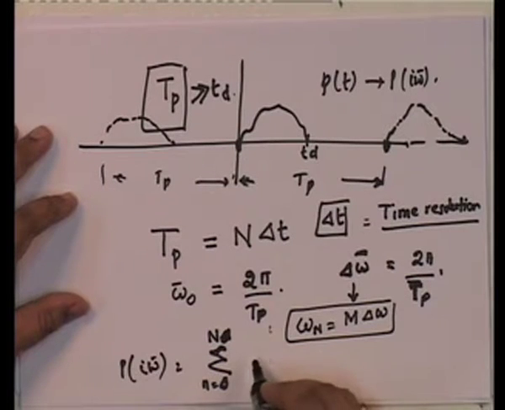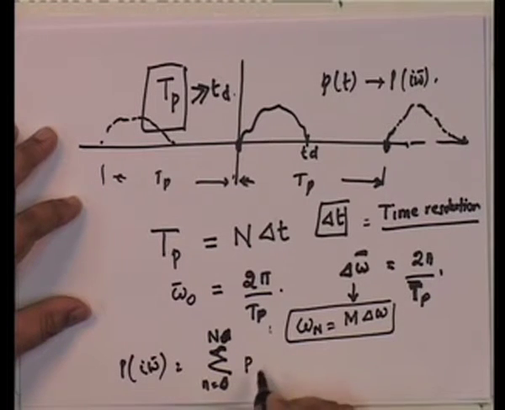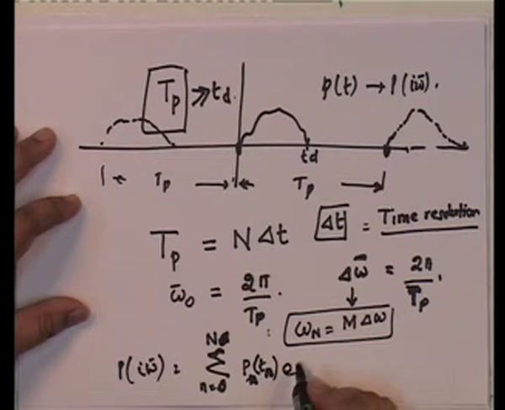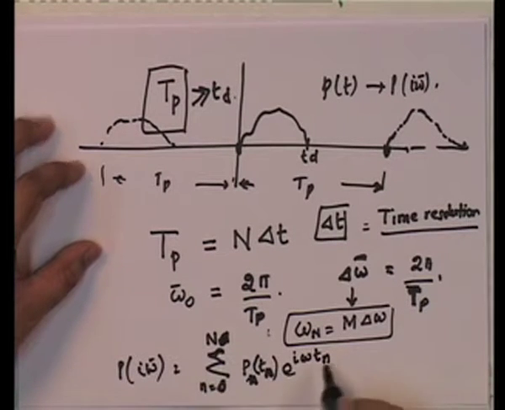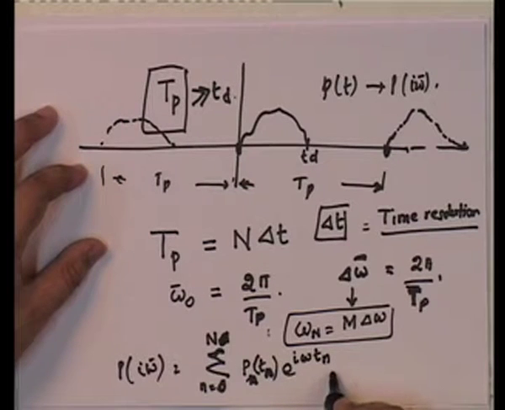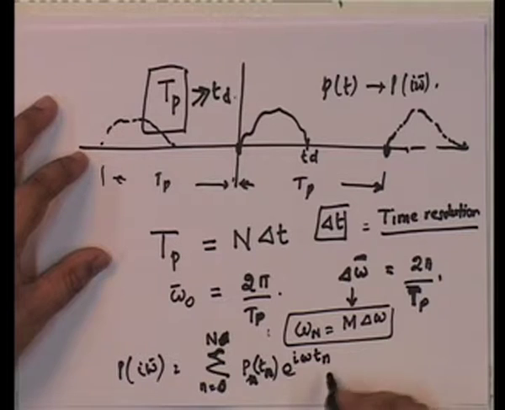Now, if you really look at it, it is p at t n, right, e to the power of I omega t n, because you note that this is all n. So, this p at t n, e to the power of I omega t n into delta t.